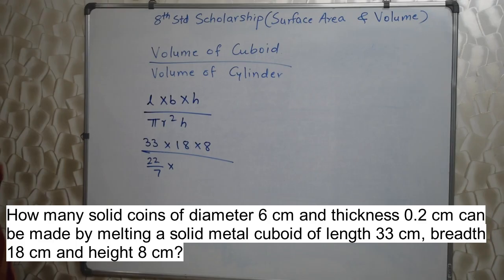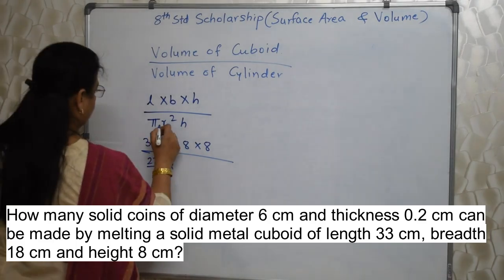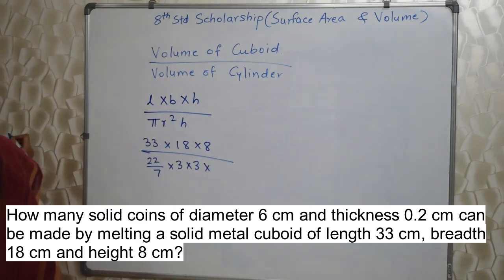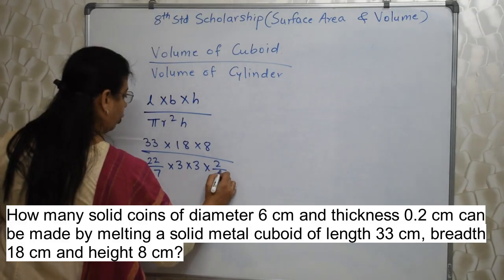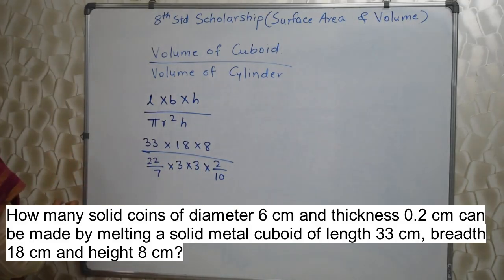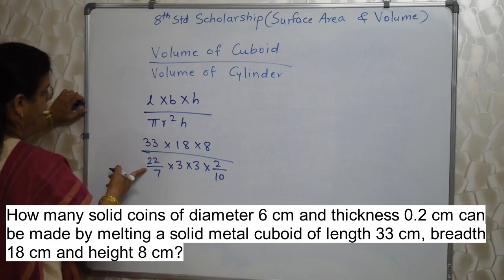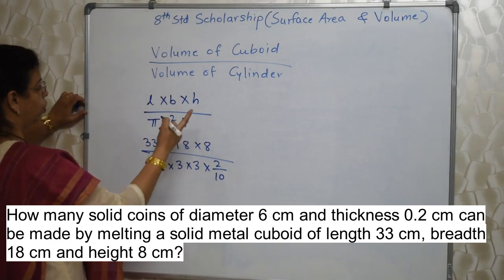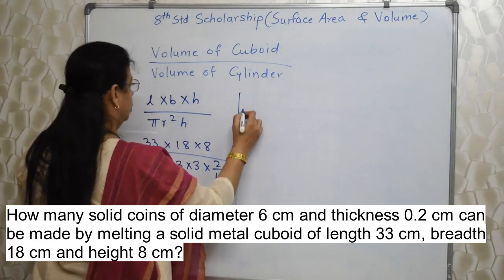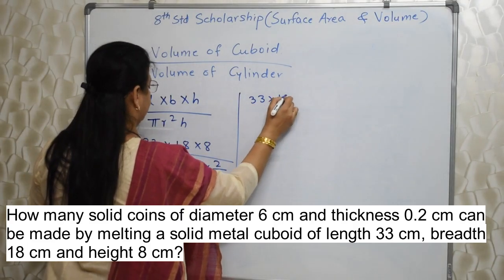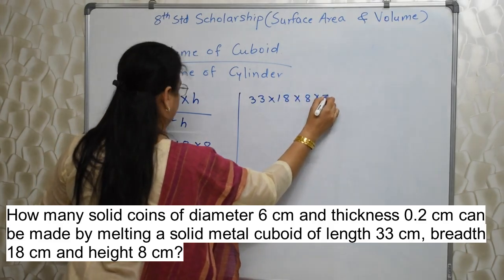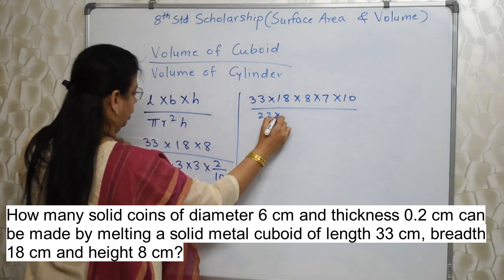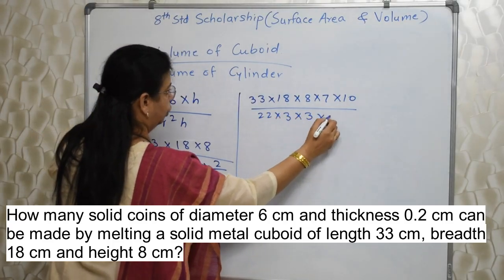So obviously the radius will be 3, radius square, so 3 times 3, and height is 0.2, that is 2 upon 10. Now upon and again upon, so this 7 will go to the numerator, this 10 also will go to the numerator. So it will look like this now. And this 22 into 3 into 3 into 2.